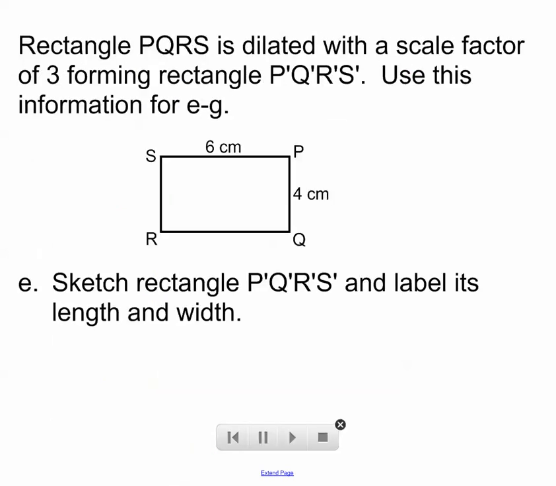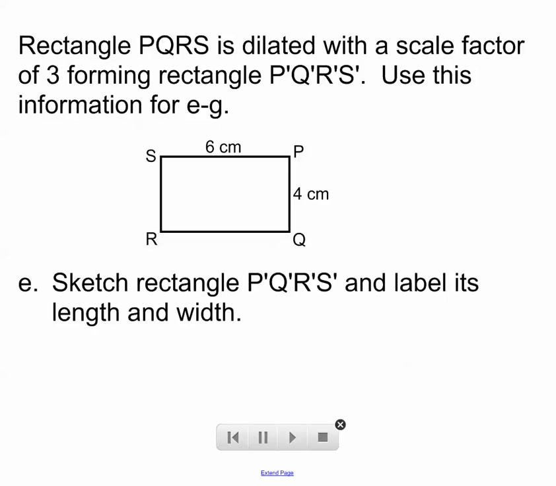Rectangle PQRS is dilated with a scale factor of 3, forming rectangle. And here's how we say this. These little apostrophes here mean you say them as prime. P prime, Q prime, R prime, S prime. Use this information for E through G. Sketch rectangle P prime, Q prime, R prime, S prime, and label its length and width.